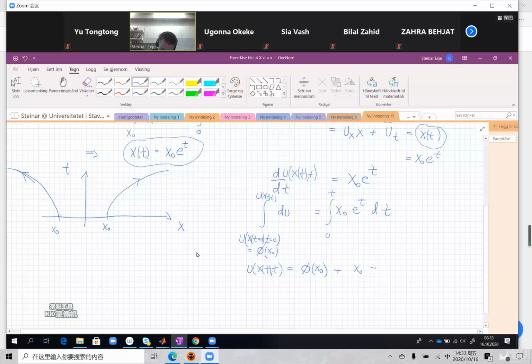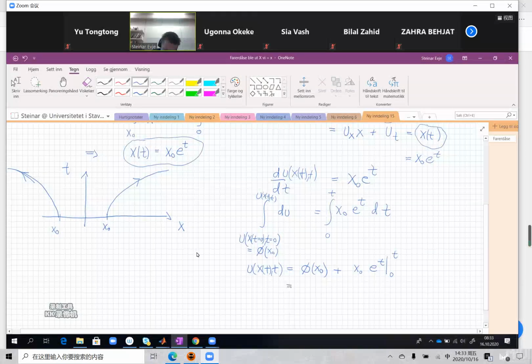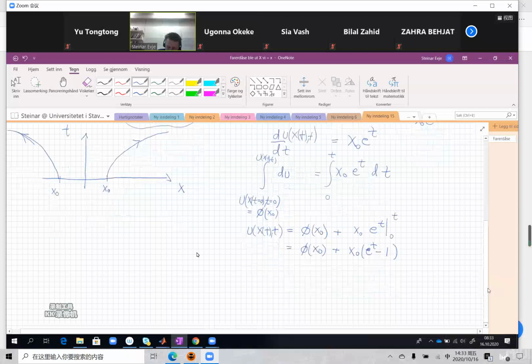And then we have the exponential function and just take into account the limits from 0 to t, which will give us this expression: x0 multiplied by the exponential function of t minus 1.